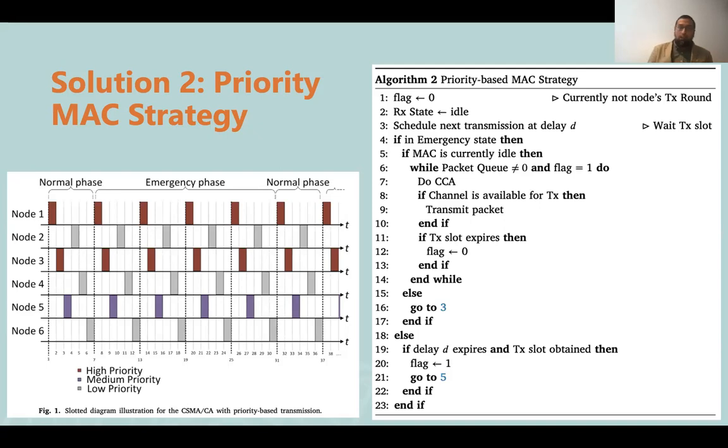Now bring this analogy to the car. Inside a car, we have a lot of sensors. In the normal phase, the car will communicate like this. But during the emergency phase, if any malfunction is noticed by any device, then it will start to communicate, and that will again be based on the hierarchy. So this is the concept of priority MAC strategy.